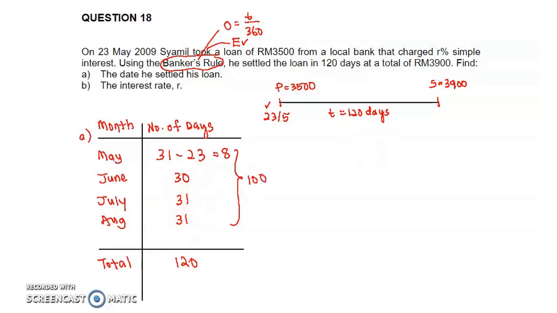Up to 31st August is already 100 days. The total we want is 120, so we need another 20 days, from 1st September until 20th September. So the date is 20th September 2009.